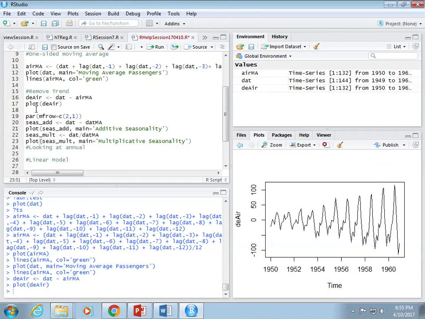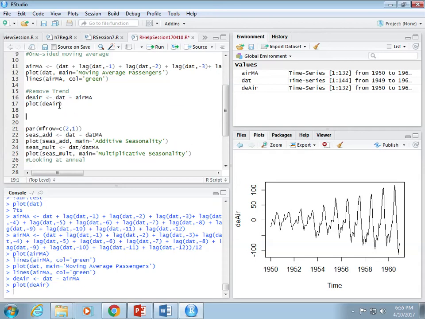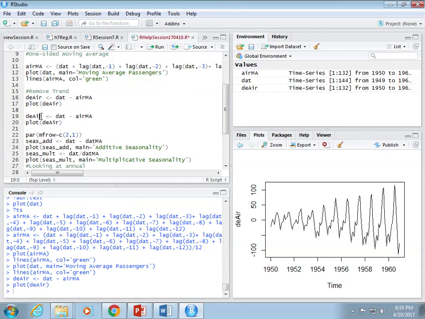So we can test out both things. What we did right here was actually the additive, because I said that it's subtracting. If we wanted to do it multiplicatively, we just divide it. So I'll call this dr2, which is the multiplicative version, and I'm just dividing it now.